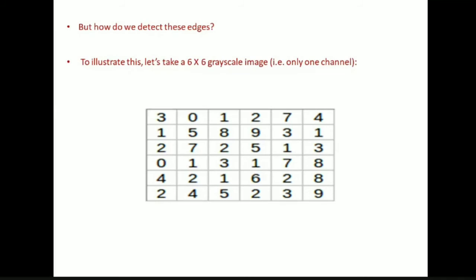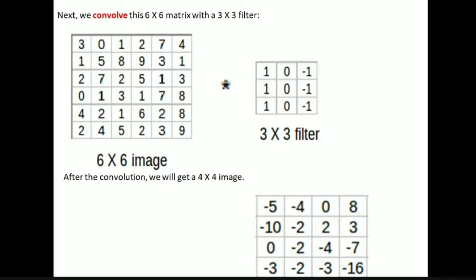Now what we are doing is performing an operation called convolution operation on this image, and we are trying to identify the edges. Let us see how we are going to perform the convolution operation. See, this is an input 6 by 6 image.